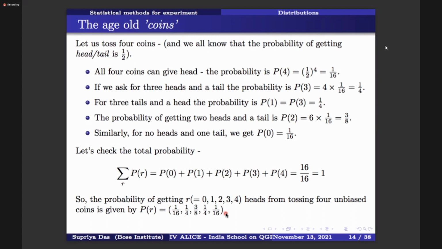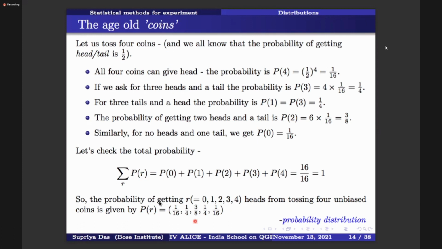So this is what is called a probability distribution. Got it? It's just the simplest example. You take a coin, toss it, and you have the probability of getting 1 head or 1 tail, half. Then, just to give you an idea of what a probability distribution is, I took 4 coins and tossed them, and you can have these many combinations and these many probabilities, and you can write this as a probability distribution.